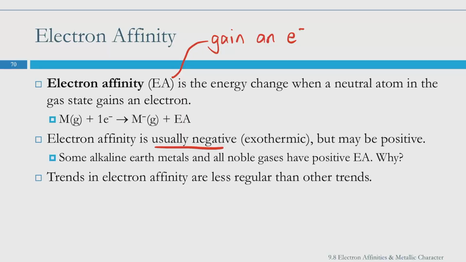Why is that? Where are the alkaline earth metals? What group are they on the periodic table? They're 2. What does their electron configuration look like? Some number S what? 2.